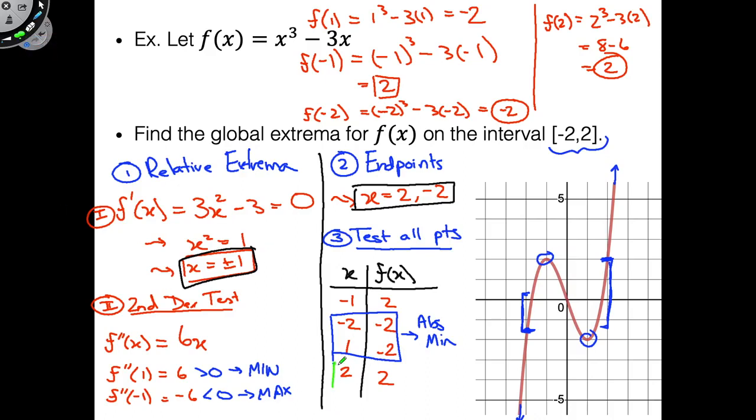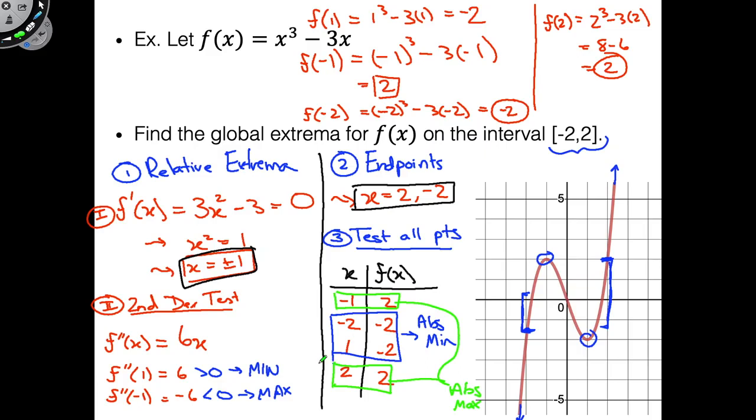And this right here is going to be our absolute max. And as we mentioned before, it's perfectly fine that these occur at multiple x values.